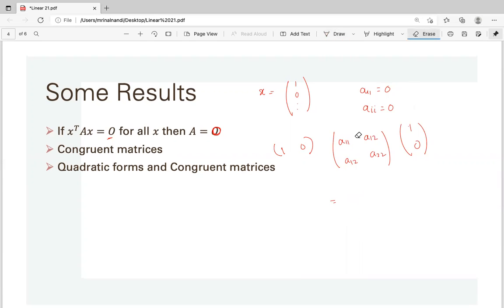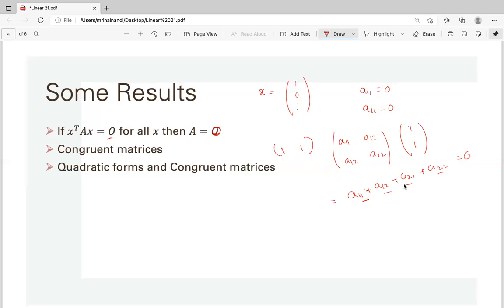So it is 0. So all the diagonal ai's are 0. Then take 1 1. Then it will be the sum a11 plus a12 plus a21 plus a22. Already you have the diagonals as 0, so a12 plus a21 is 0.